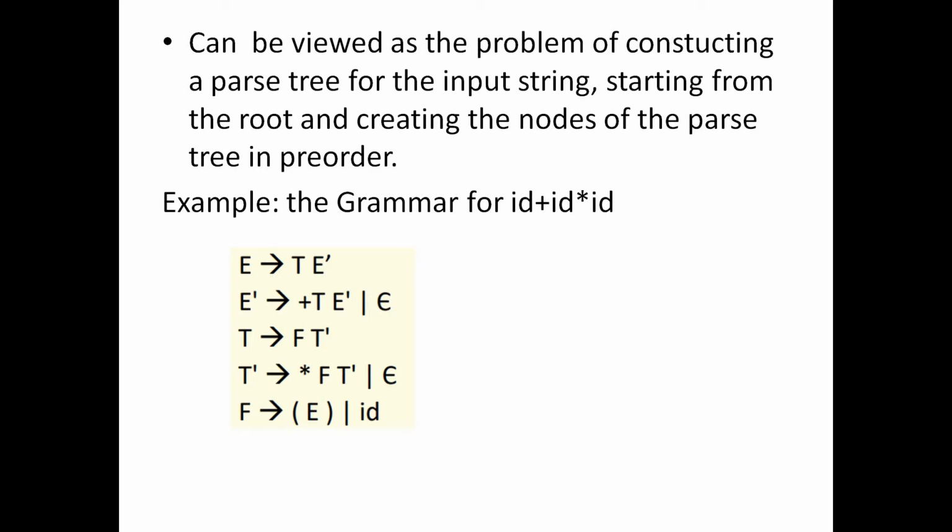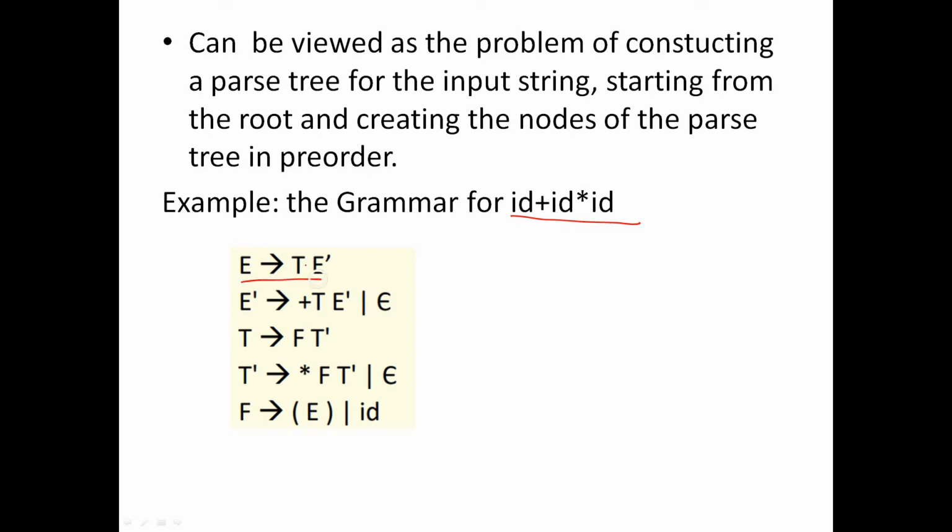Once we have constructed the grammar, we can go on to construct the parse tree. The statement we have is id plus id star id, and for this we are going to construct the grammar.